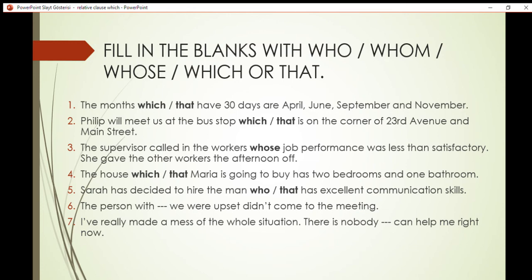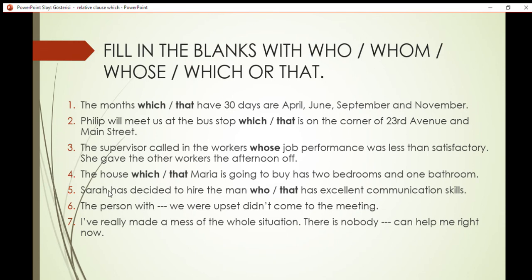6. The person with blah blah blah, we were upset, didn't come to the meeting. So what we can do is that there are 2 techniques, we talked about it. The first one is to look if there are different verbs.